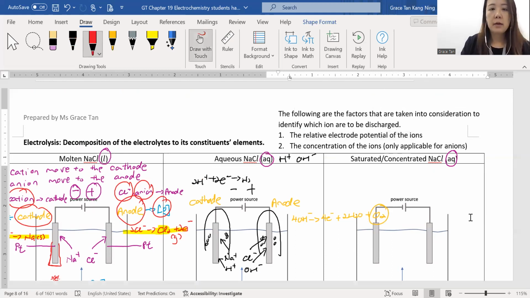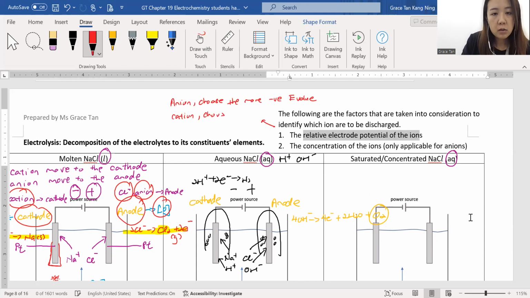If this is an anion, we pick the more negative E value. For cation, we choose the more positive E value to be discharged. So this is using the E value to know which ion will be discharged when you have a competition, which most of the time will be aqueous ions.